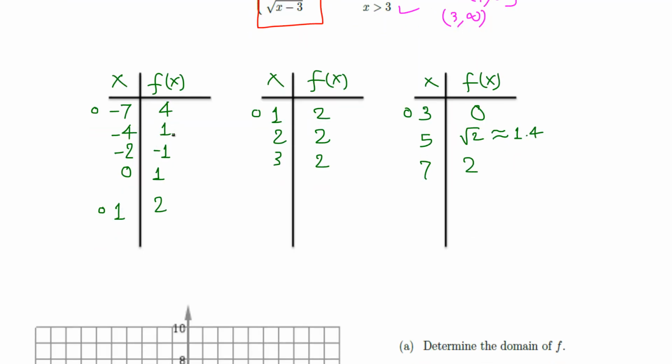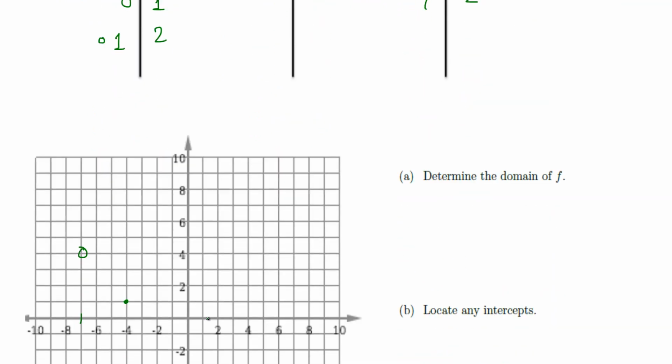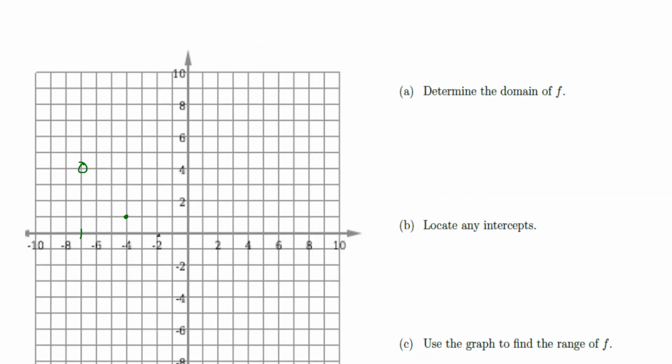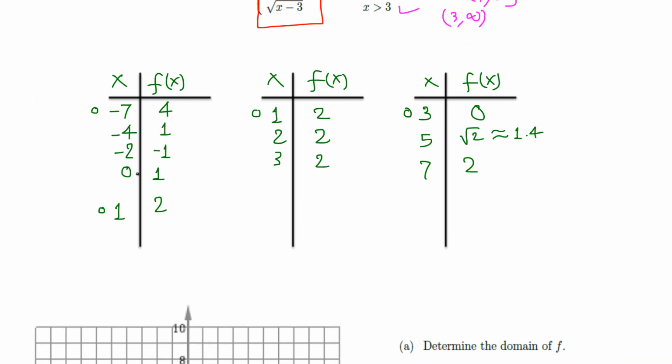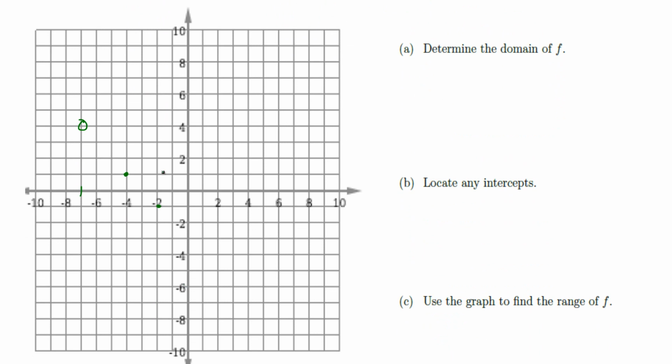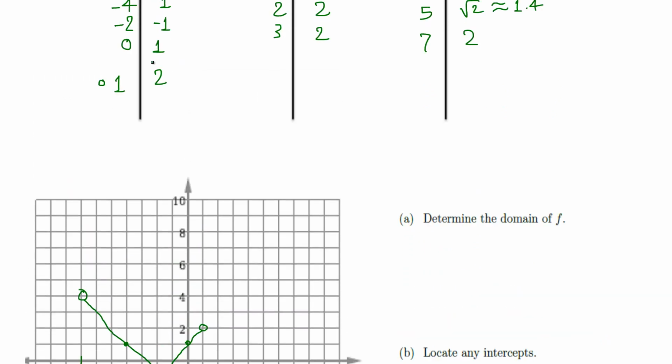Then -2, -1, then 0, 1, then 1, 2, that's not in the graph, but I'm going to put a circle. So we got a V shaped graph, it should be straight, then go up. You can do better than this with straight lines. That's the first part of the graph.